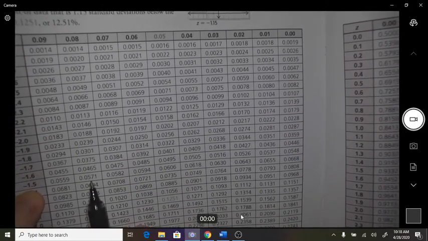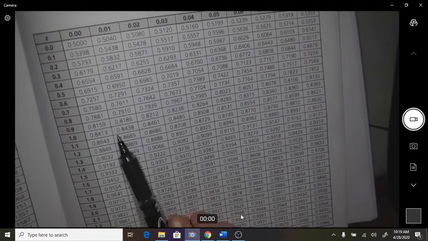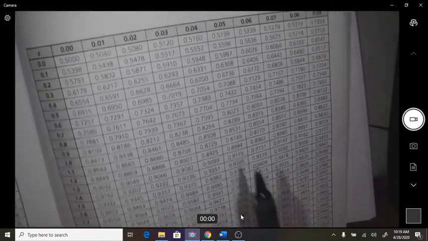Okay, so I look up negative 1.58. Okay, and now I also do the same thing with 130, get a z-score, 1.05. Now I gotta go look up 1.05.